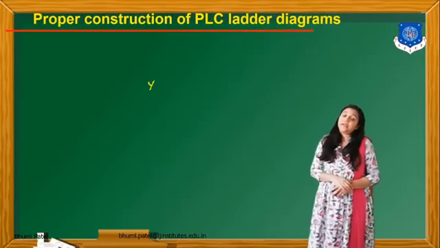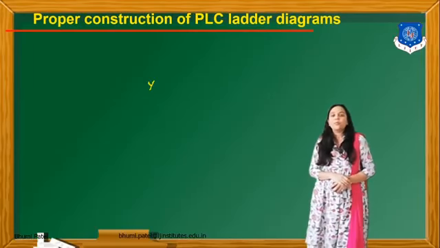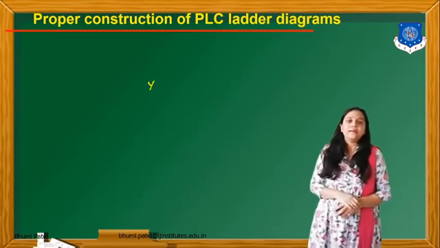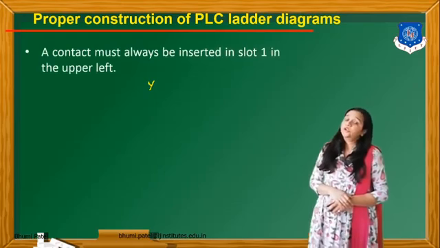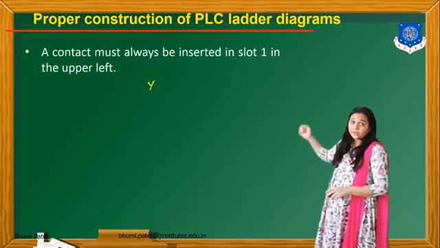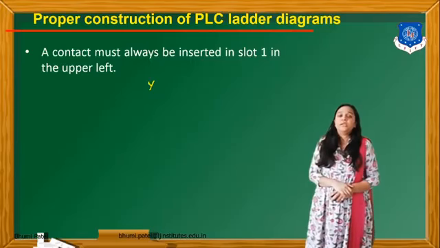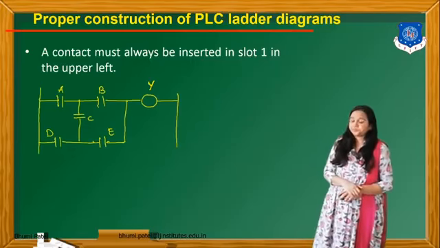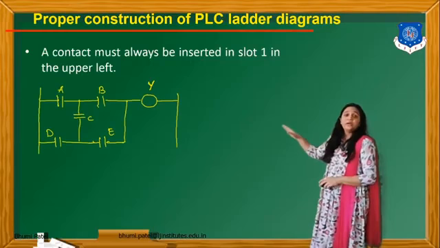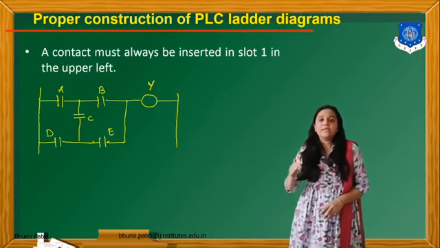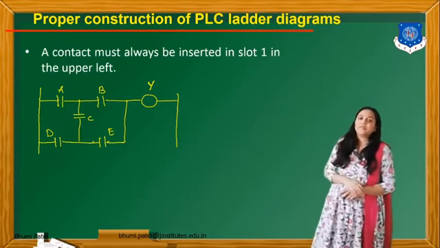The next and the last topic in chapter number 2 is the proper construction of a PLC ladder diagram. The first rule is the contact must always be inserted in slot 1 in the upper left. Here you can see the ladder logic diagram is given. A, B, C, D are our inputs and Y is our output.